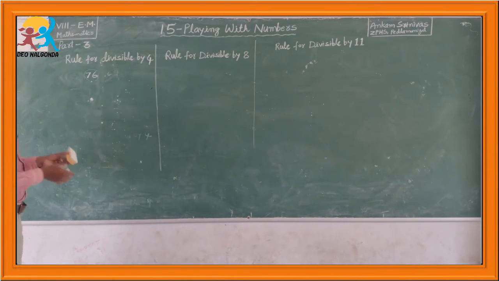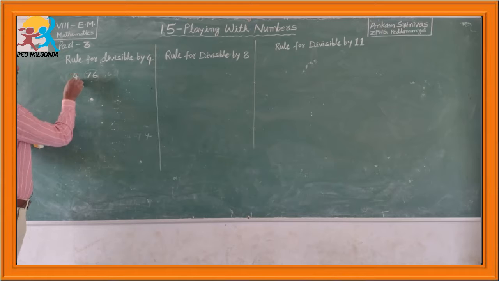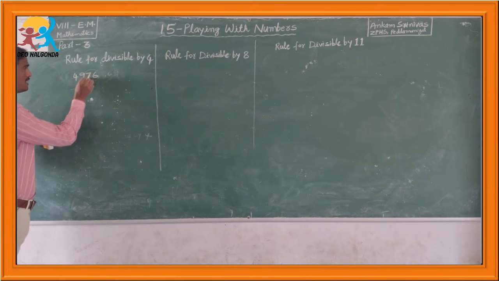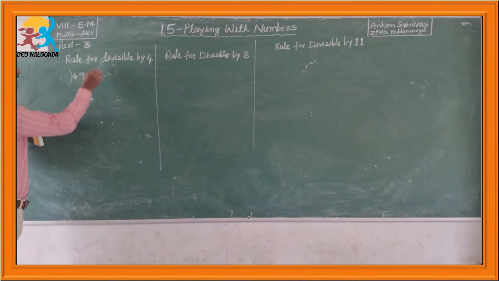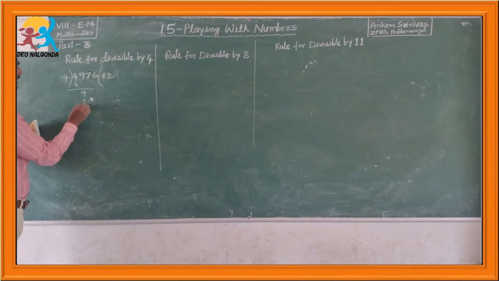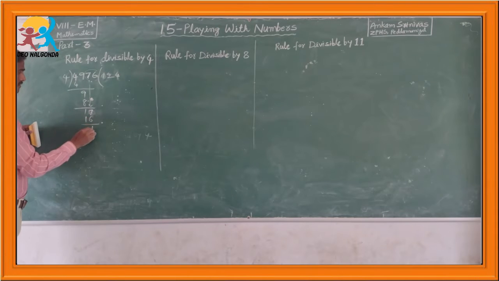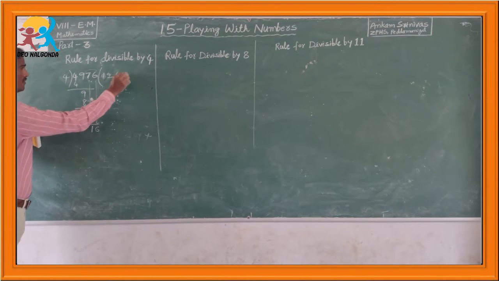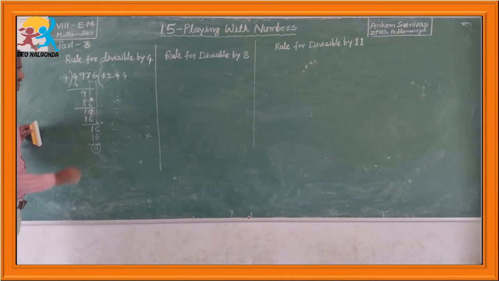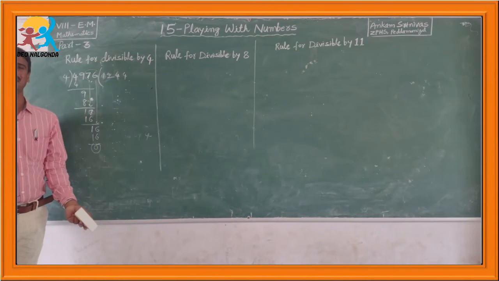Suppose 49 76. Again do the simple division. 4 ones are 4, 9, 4 twos are 8. So 1, 6, 7. If I take down 7, 4 fours are 16. Take down 6, 4 fours are 16. Remainder 0. So this also is divisible by 4.